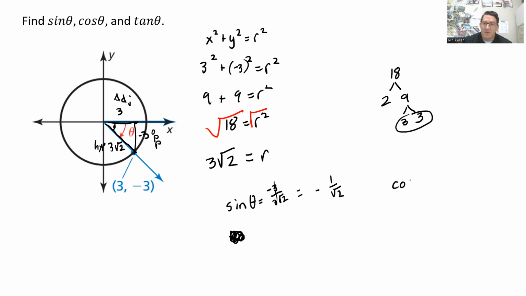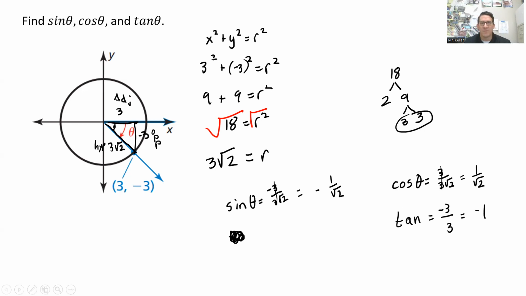Cosine of theta is going to be x over the hypotenuse, or adjacent over hypotenuse. That's 3 over 3 root 2. Again, the 3s cancel out, so you get 1 over root 2. And then tangent is going to be opposite over adjacent. -3 over 3 is equal to -1.